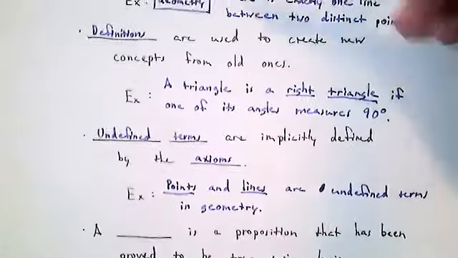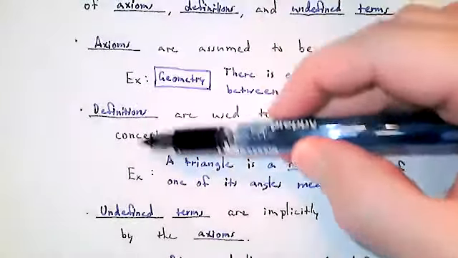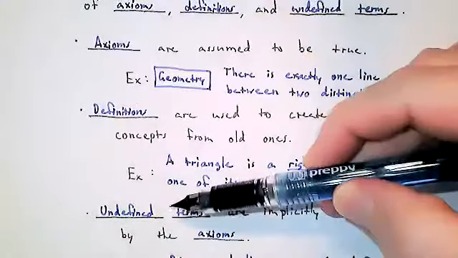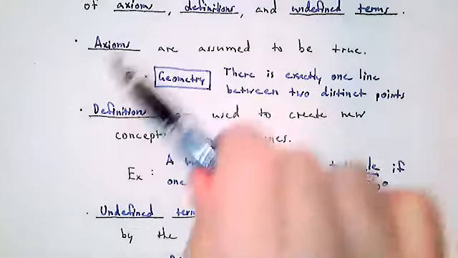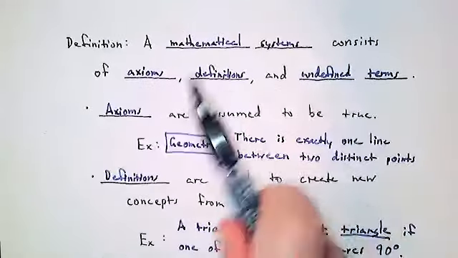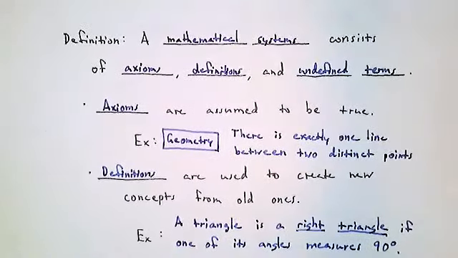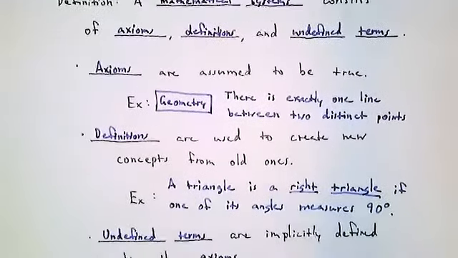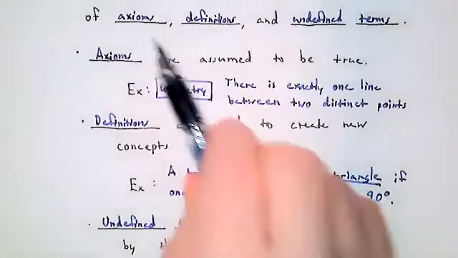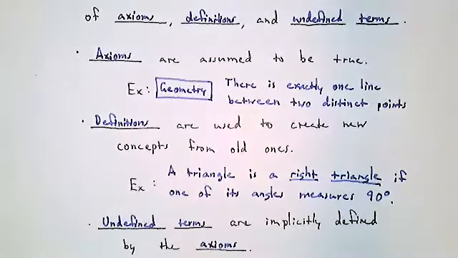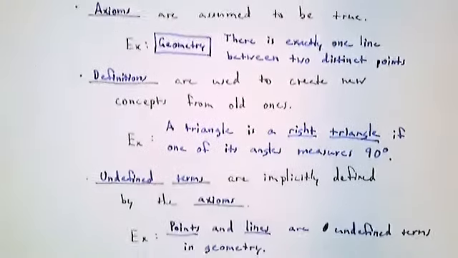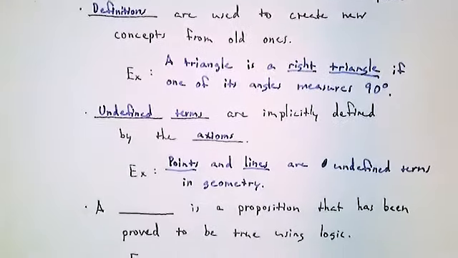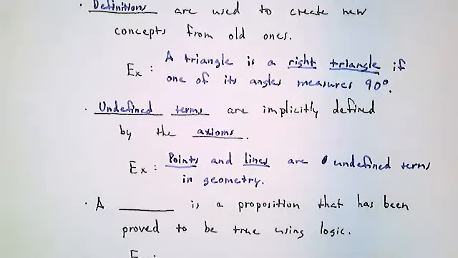Okay, so these three concepts, axioms, definitions, and undefined terms, these make up a mathematical system. But what we usually do in math is use these basic ideas, and we want to prove things about them.